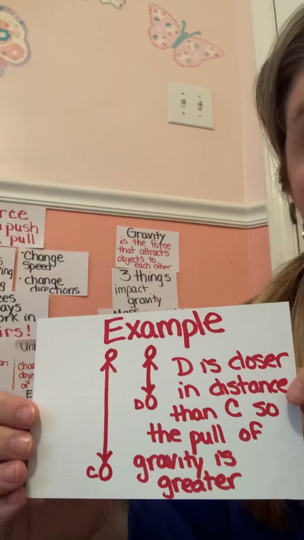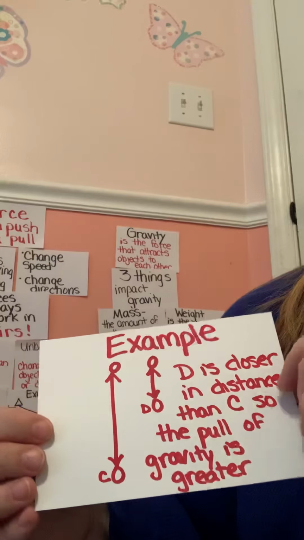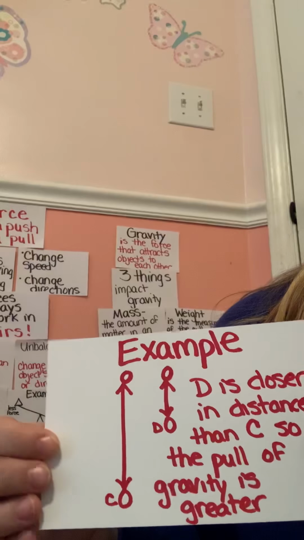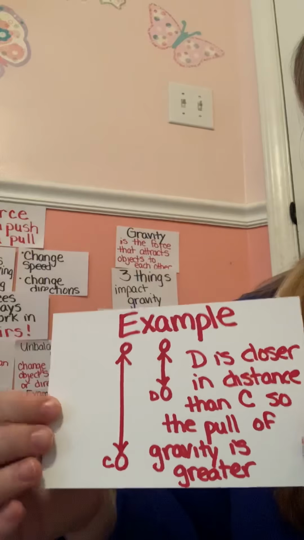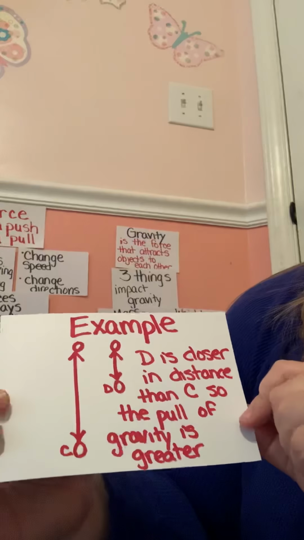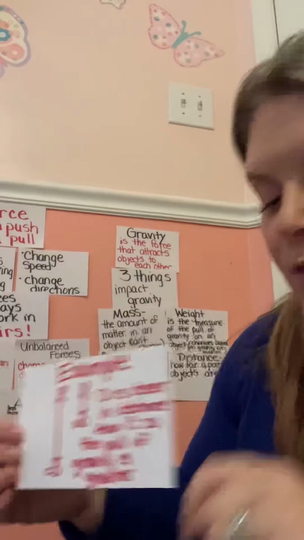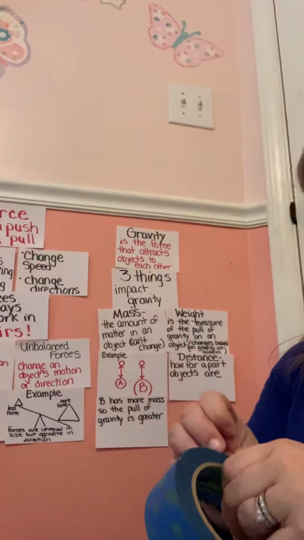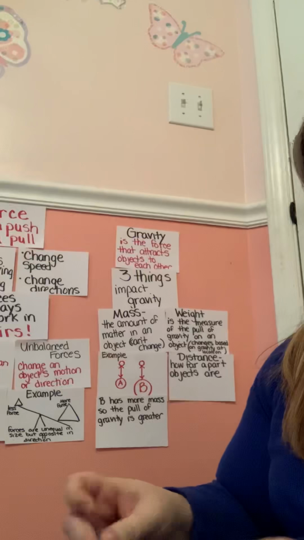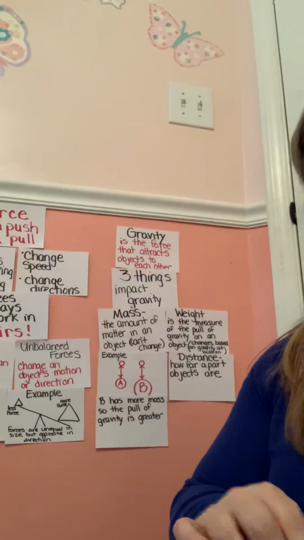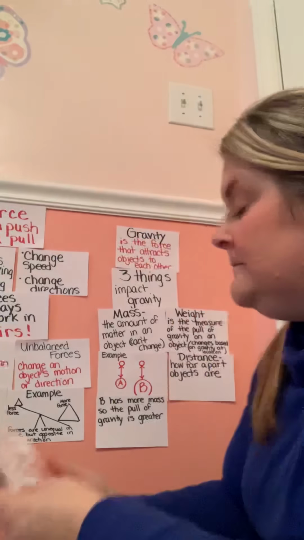And we're now comparing the distance. Since C and this little guy are so much farther apart than D is from that little guy, D has the greater gravitational pull because they're closer together. So the closer two objects are to each other, the greater the gravitational pull will be, and the more mass an object has, the greater its force of gravity will be.